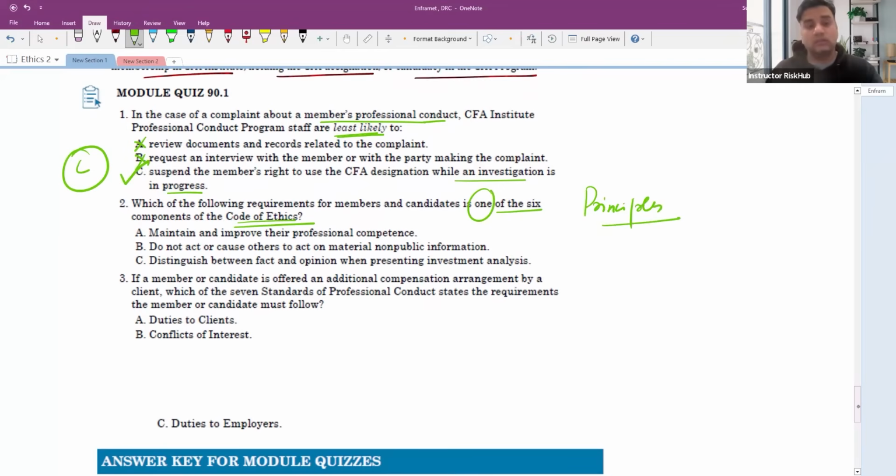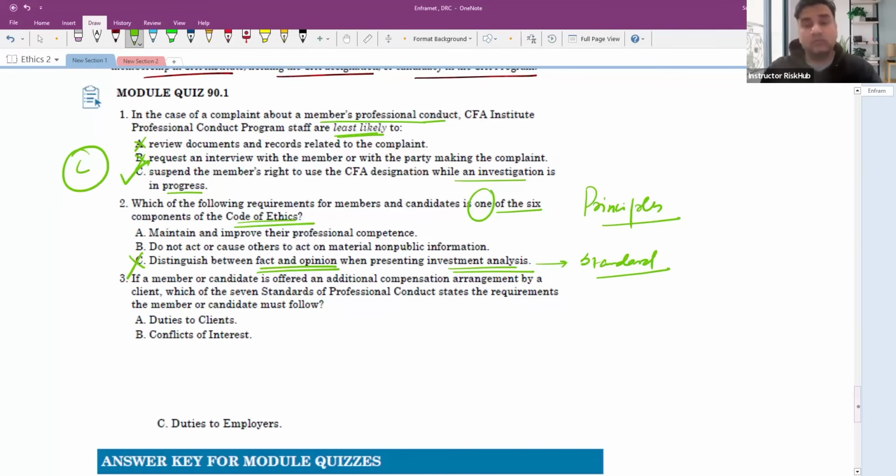Now, if you read it: do not act or cause others to act on material non-public information. Material non-public information was part of integrity. Fact and opinion, that I told you, and investment analysis recommendation, come under investment analysis and recommendations, which is a rule, a standard.